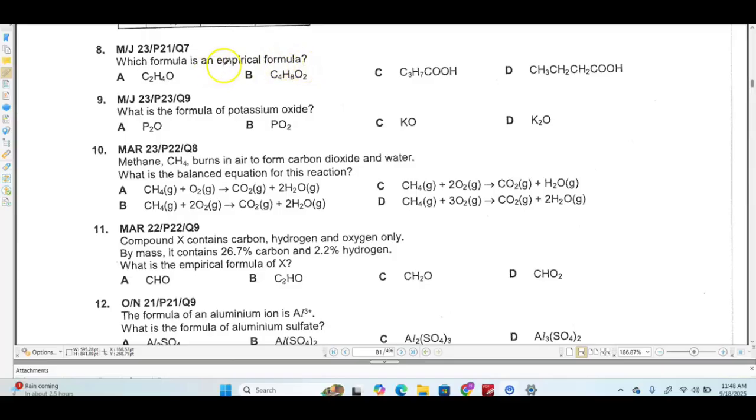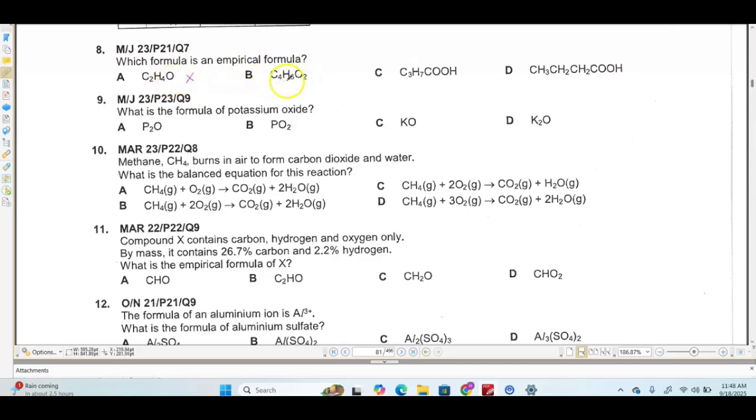It is just the simplest whole number ratio of the elements. So if we see our option A, this formula cannot be further simplified. 2 and 4 can be simplified, but since there is nothing here for simplification, oxygen is not going to be involved, so this cannot be simplified any further.